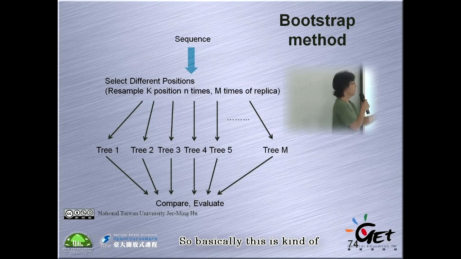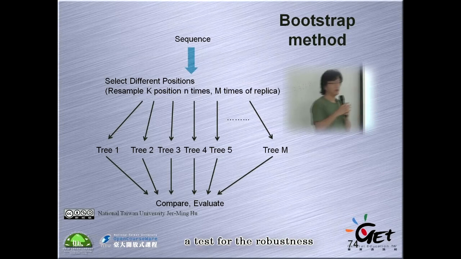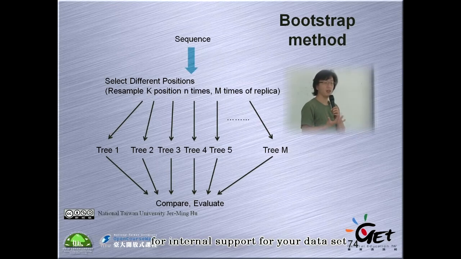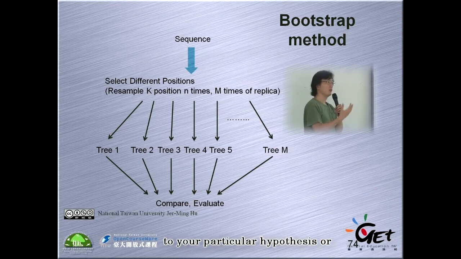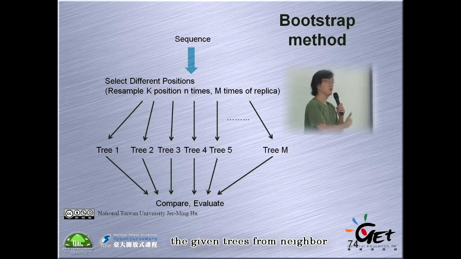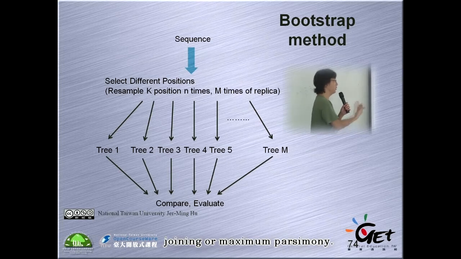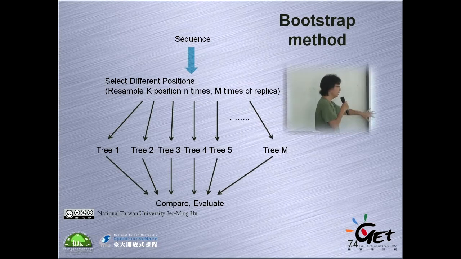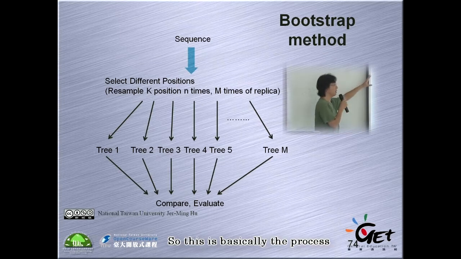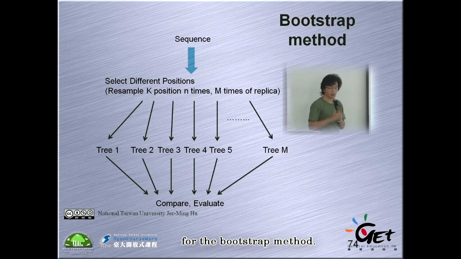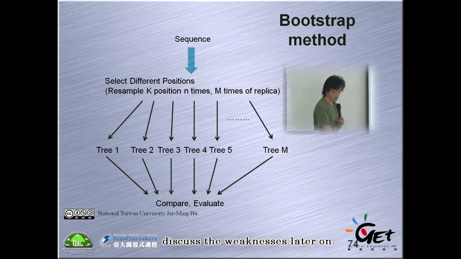So basically this is a test for the robustness or internal support of your data set for a particular hypothesis or the given tree from neighbor joining or maximum parsimony and so on. So this is basically the process for the bootstrap method.